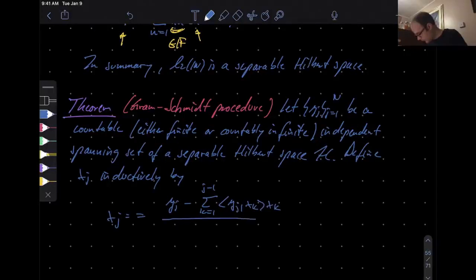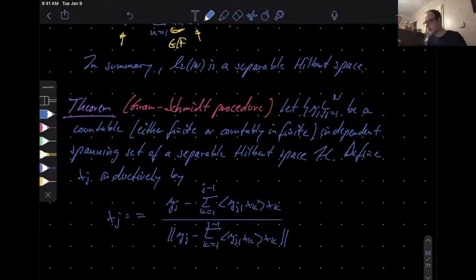So I'm not going to use that language at the moment anymore. Just going to write down the formula. Everything has to be normalized. So what's in the denominator is just the norm of the numerator.